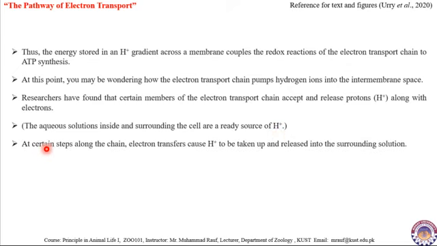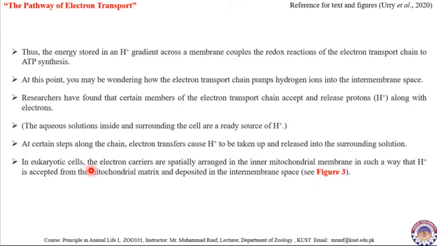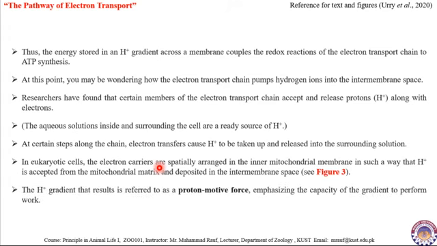At certain steps along the chain, electron transfer causes hydrogen to be taken up and released into the surrounding solution. In eukaryotic cells, the electron carriers are spatially arranged in the inner mitochondrial membrane in such a way that hydrogen ion is accepted from the mitochondrial matrix and deposited in the intermembrane space.